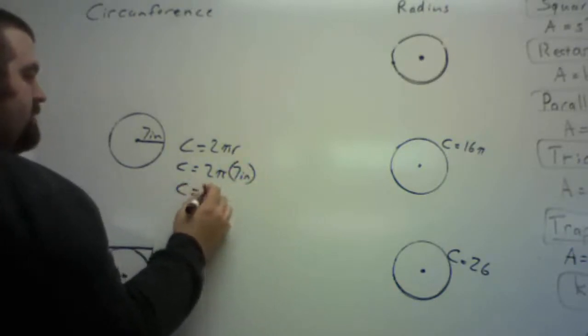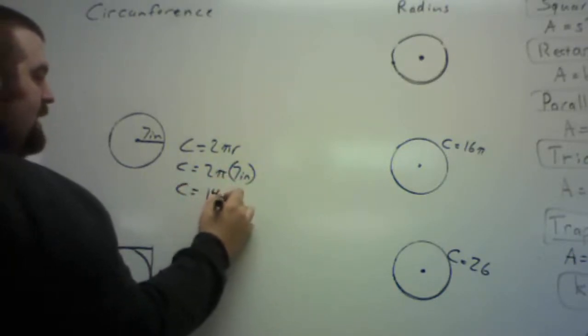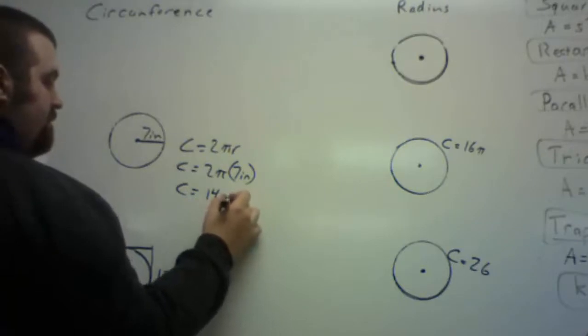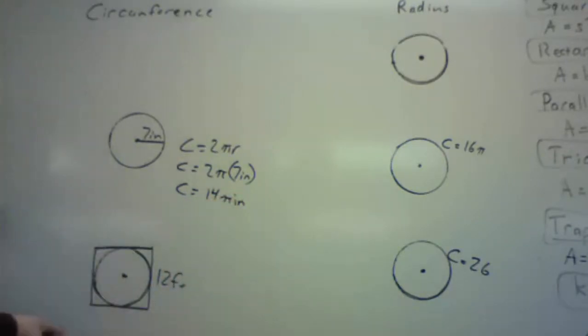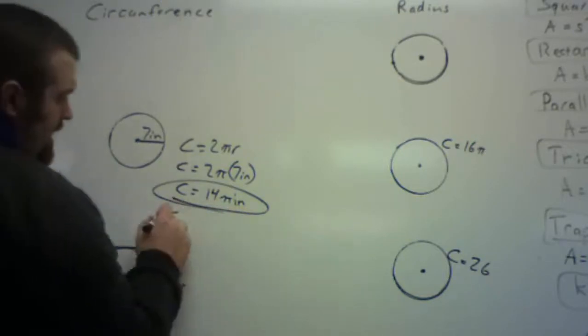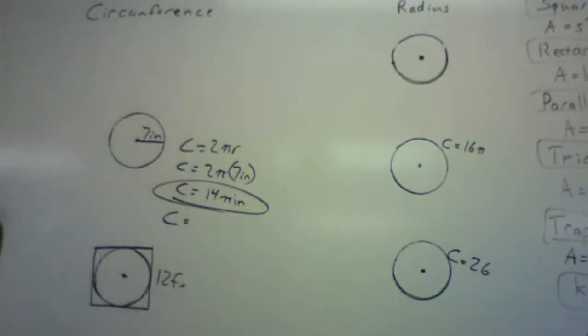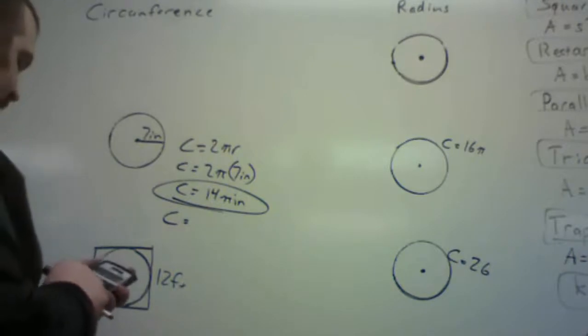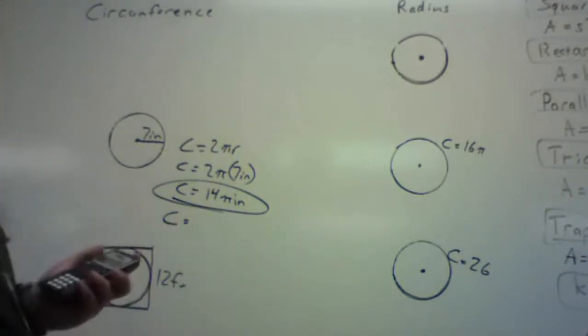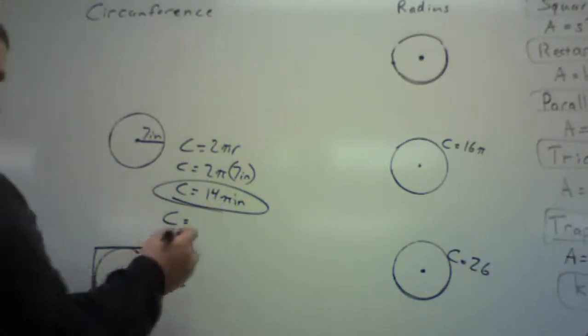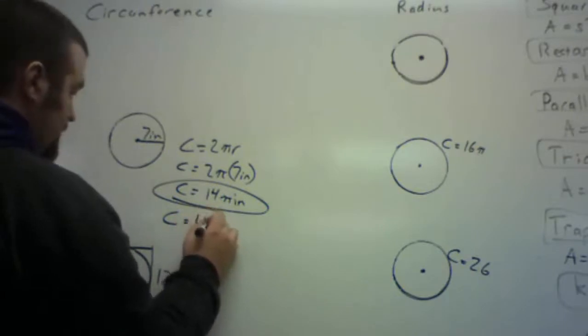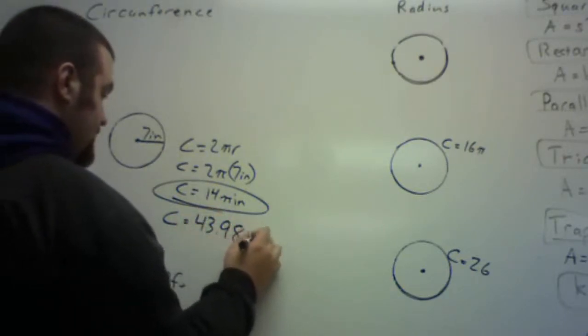So C equals 14 pi inches. Again, depending on the problem, I'm fine with that. If it's a word problem, plug it into a calculator. If it says round to this spot, calculator time, because it's more of a real scenario and you're probably going to be using a more exact answer. 43.98 inches.